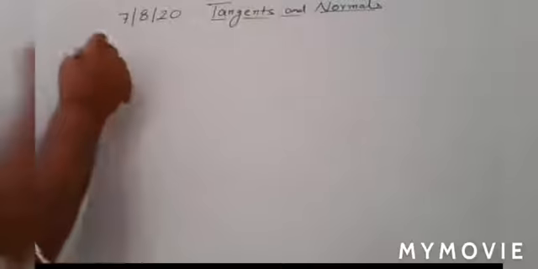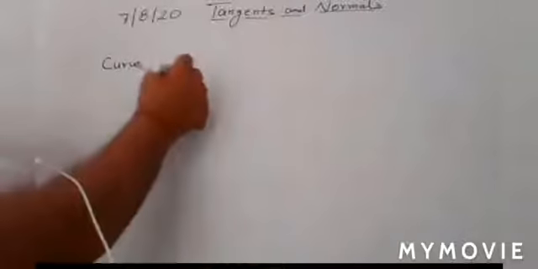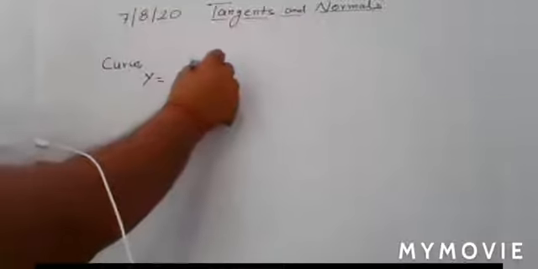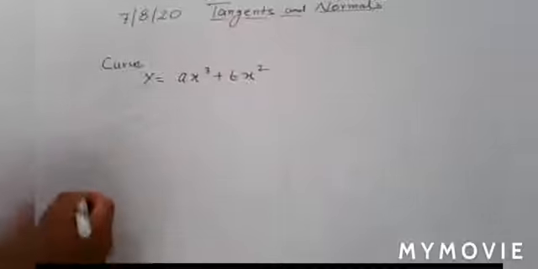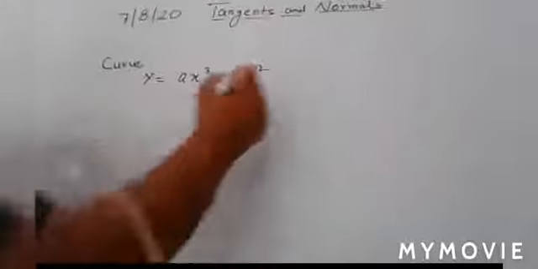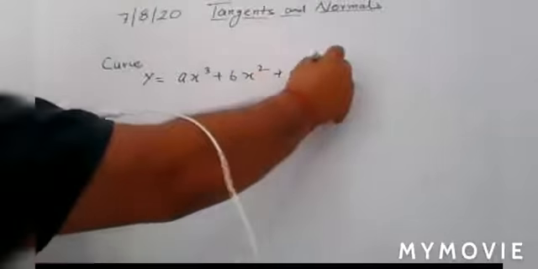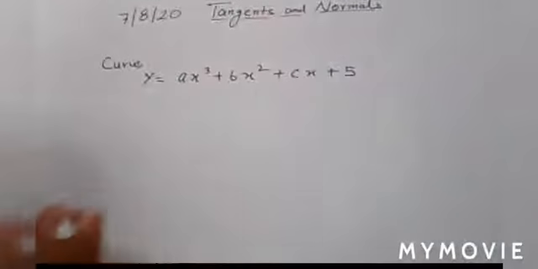So you note it. If you have not noted it, the curve y is equal to ax cube plus bx square plus cx plus 5. That is your given curve.